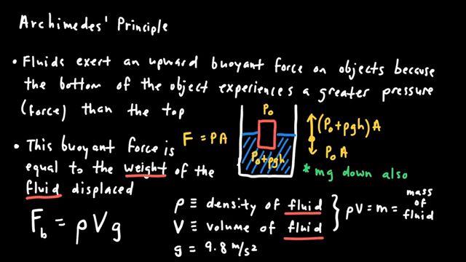And so you could also think of this equation as being mg, where m is the mass of the fluid displaced. And that's why the buoyant force is equal to the weight of the fluid displaced. So for an object that's floating, the buoyant force points up, and we could represent that in a free body diagram as Fb, and the weight of the object points down. And if it's floating, then those two forces are equal.